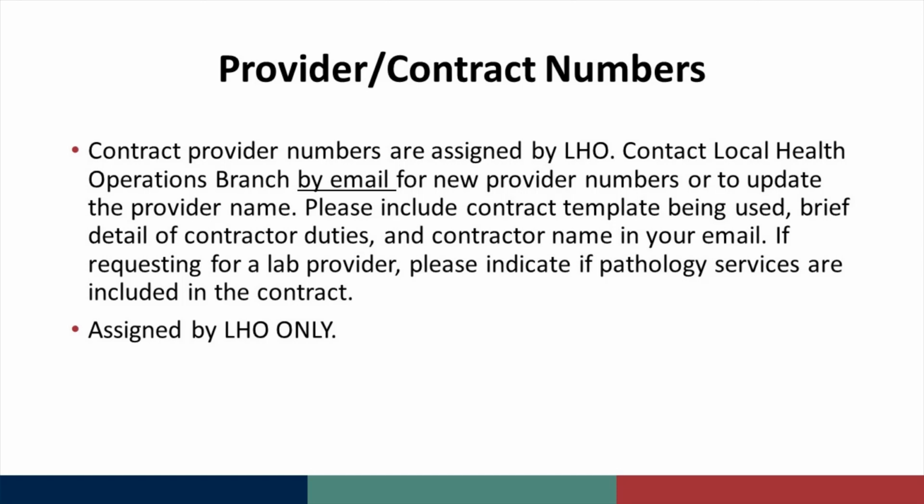Provider and contract numbers are assigned by local health operations branch only, with the exception of CH52 contracts, which have no requirement for a number. But at the local level, you may choose to assign a number for your own record-keeping purposes.